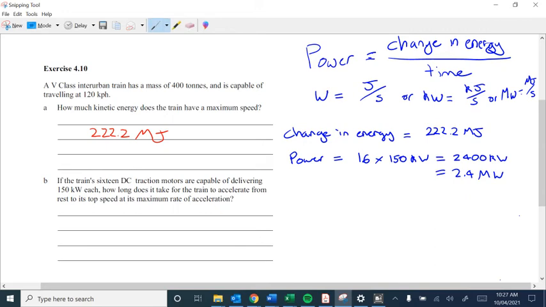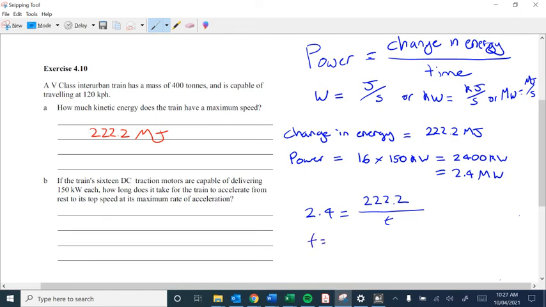So if power is equal to change in energy over time, we've got 2.4 is equal to 222.2, and there's going to be a slight rounding error here because I've rounded my kinetic energy. You could put that in unrounded if you want, but it'll be okay either way. 222.2 divided by time, which we can call t. Now it's just algebra.